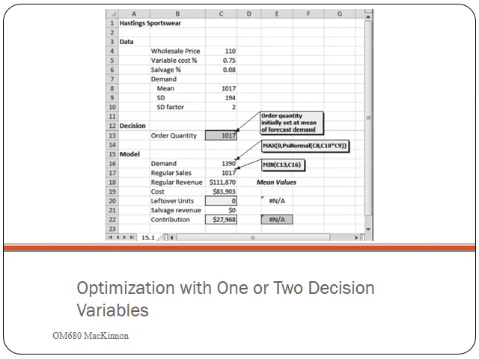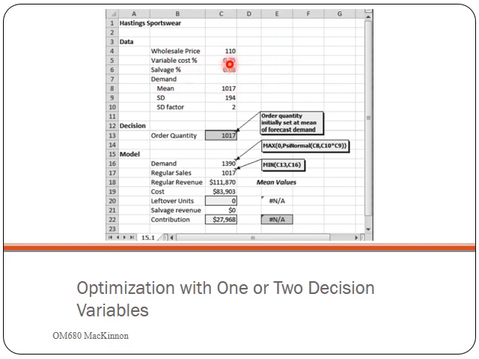The regular sales will either be the minimum of the order quantity or the demand. Okay. You certainly can't sell more than you ordered, no matter what the demand is. All right. And you're certainly not going to sell more than what the demand is, despite what you ordered. Okay. The revenue is going to be your sales times your price. Cost is going to be calculated from the data up here. Okay.